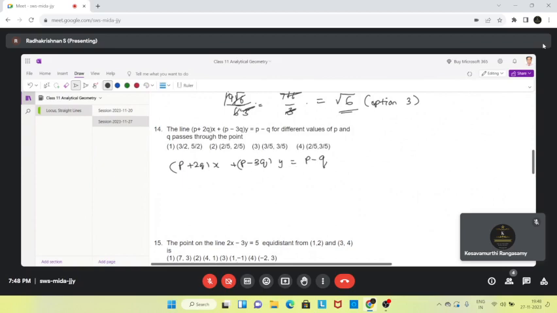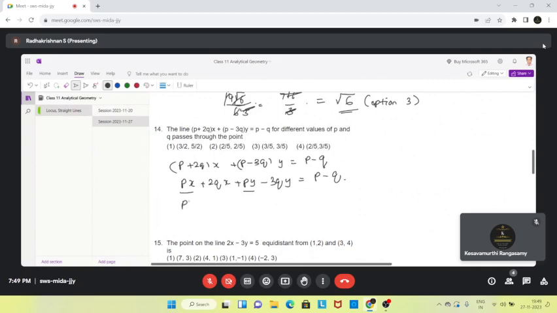So if it has to be true for all values of P, what we need to do is rearrange the left hand side in terms of P and Q and equate the corresponding coefficients. That means, let us see. What I mean is Px plus 2Qx plus Py minus 3Qy equal to P minus Q. So what are the terms that contain P?